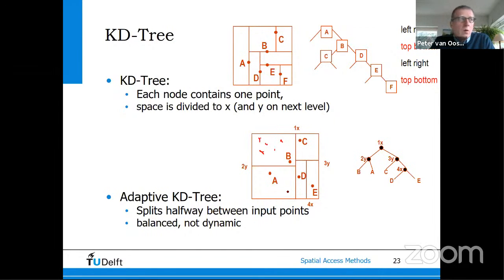It needs to know all input data in advance. And when you insert a lot of new data, it gets out of balance. And the only thing you can then do is a recomputation of the index. So throw away the old index and compute it again. And then you have it balanced again.